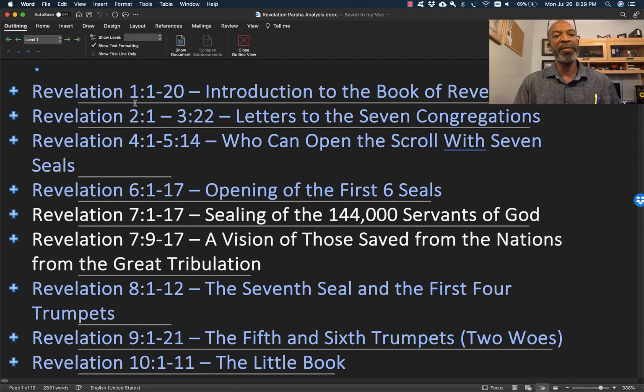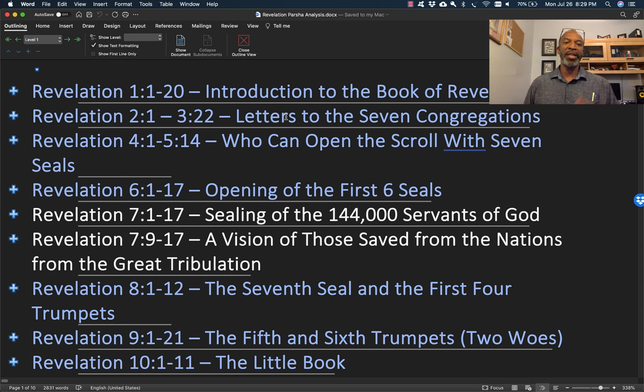So, for instance, Revelation 1:1 through 2:0, I saw that as one theme, and I called it the introduction to the book of Revelation. Okay, from chapter 2, verse 1 through chapter 3, verse 22, those are the letters to the seven congregations, and I think you can already get a feel for how I'm going through and looking for major subject changes.